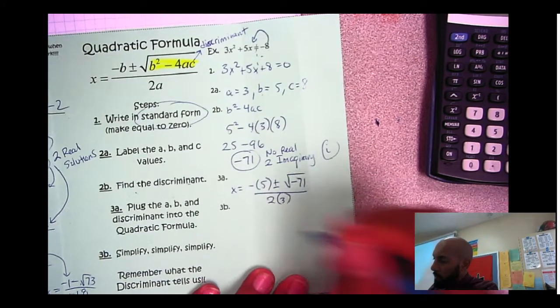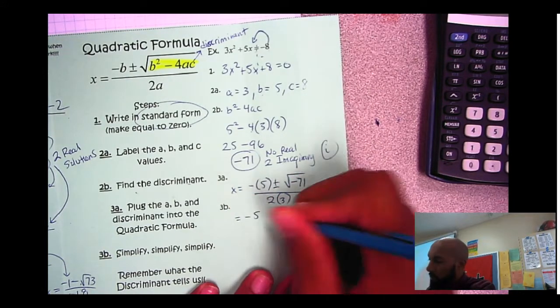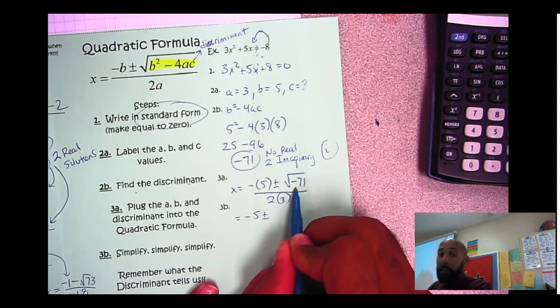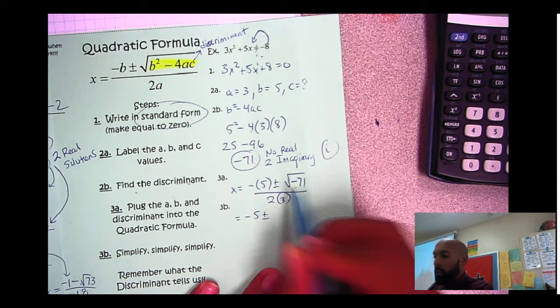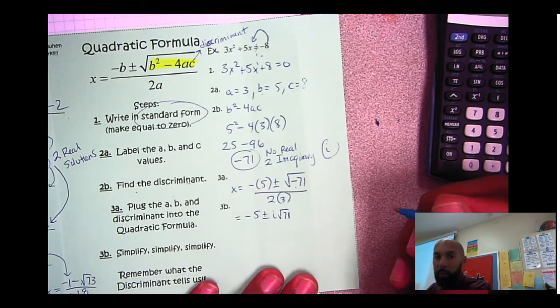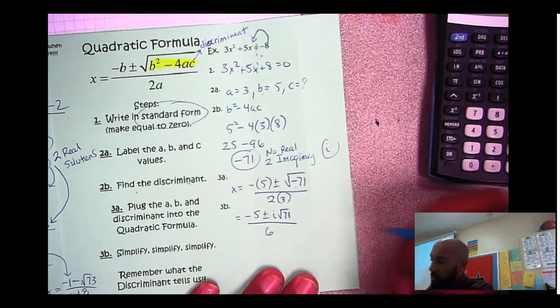Okay, so let's evaluate that. So we have negative 5 first. That just becomes negative 5. Now there's a negative inside, so remember what we do with that. We take that out, and that becomes i times the square root of 71 over 2 times 3, which is 6.